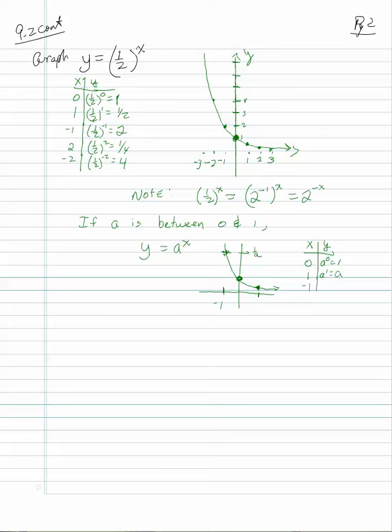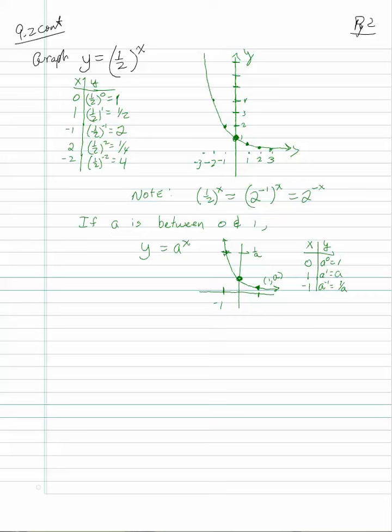And a to the negative 1 is 1 over a. So if a is a fraction, 1 over a would be a number that's bigger than 1. Okay, so I'll have that same shape as what I drew for 1/2.